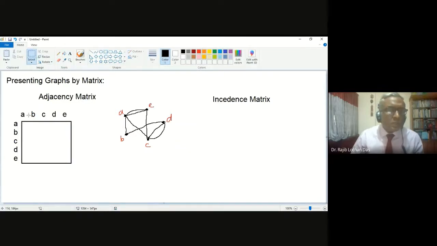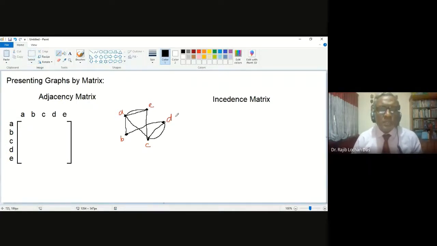And matrix is just a bracket, right? So this is the matrix bracket. So we will now check how many lines you have from one vertex to the other vertex.